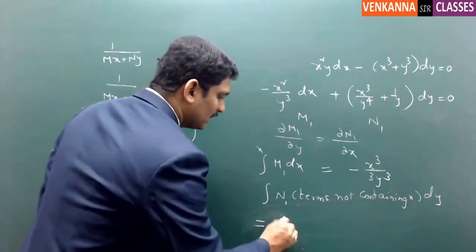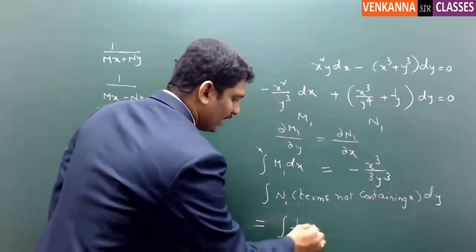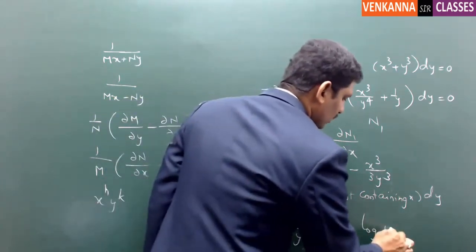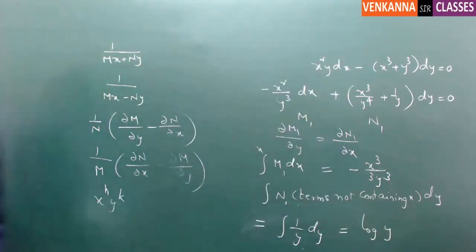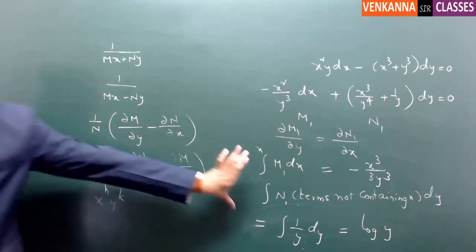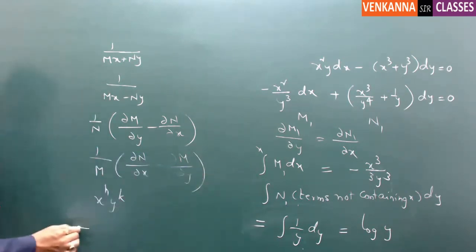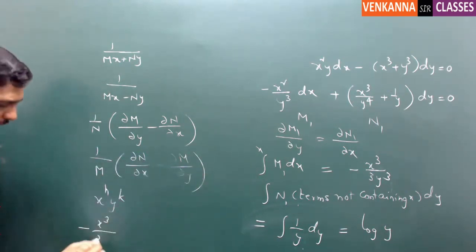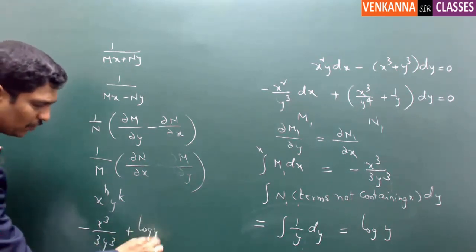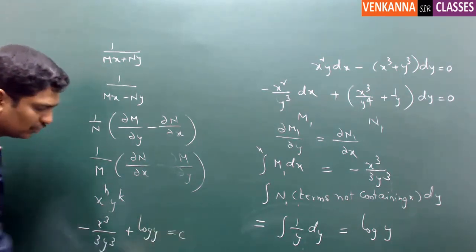So I consider the value only 1 by y dy. The integration is log y or log mod y, whatever you consider. So the general solution is given by joining these two. So minus x cube by 3y cube plus log y equal to the constant c. This is the solution.